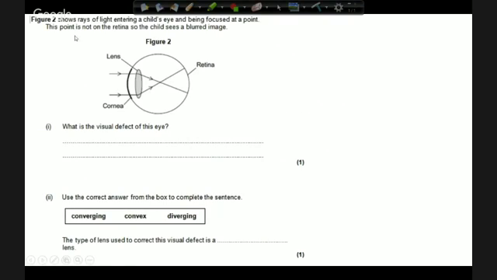Okay, so now if we look at this practice exam question, we can see here that the rays are being focused inside the eye. They should be crossing over at the end. So we could say that maybe the lens is too strong there. So if the lens is too strong, that must mean that this is short-sighted.